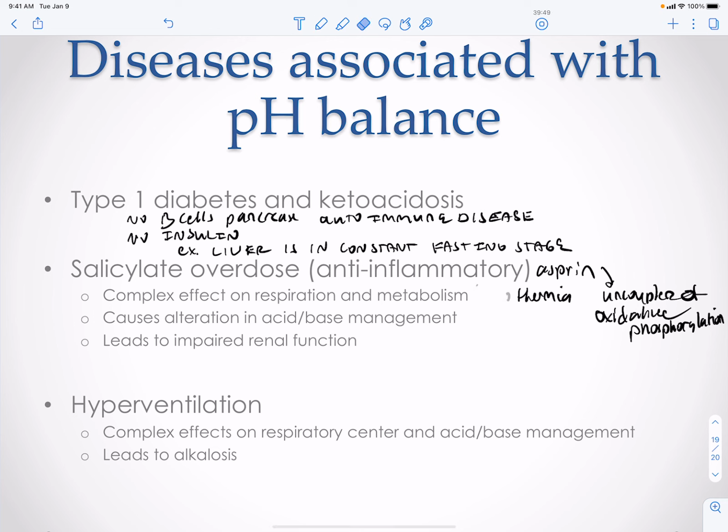Uncoupling of your inner mitochondrial membrane is going to lead to the production of heat, and so you have hyperthermia.